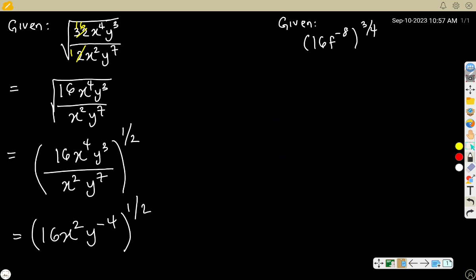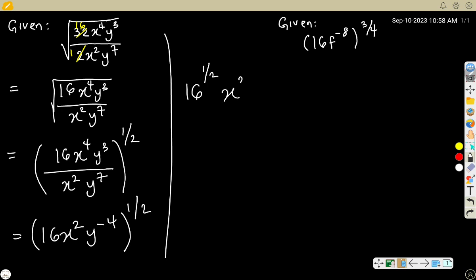Right. So now, this power half will affect everything in the bracket, including the 16. So you will now have your next step here. You have 16 raised to power half times x. I only use times to separate alphabet and number, but if I don't put times, it doesn't matter.